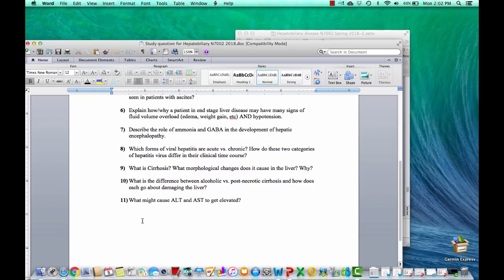So post-necrotic cirrhosis is the form of cirrhosis that comes as a result of chronic injury through the hepatitis virus, okay, B or C, or B and D. Now, alcoholic cirrhosis is the form of cirrhosis that forms as a result of alcoholic hepatitis, okay? Chronic inflammation and injury as a result of chronic alcohol exposure.